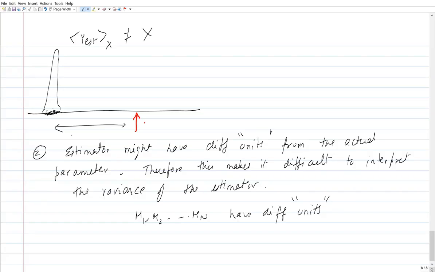For example, in our spring mass system example, the mass was to be measured, but the way we were measuring M was through the elongation of the spring.